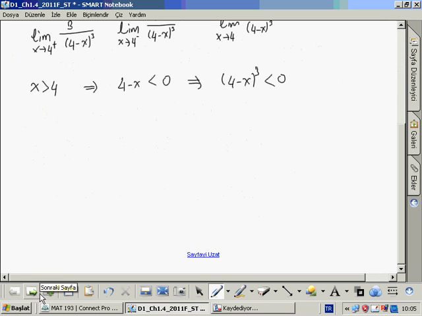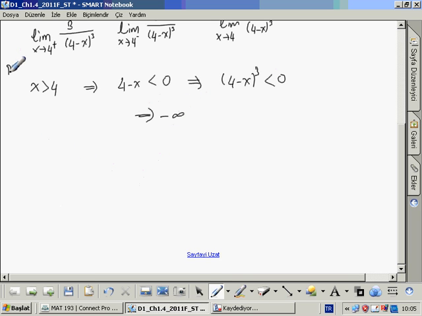Also 4 minus x approaches 0 as x approaches 4. So we have a positive constant divided by an increasingly small negative number. The result will be an increasingly large negative number, okay? And so it looks like the right hand limit will be negative infinity.